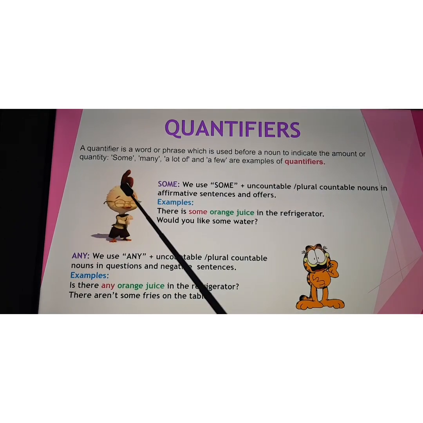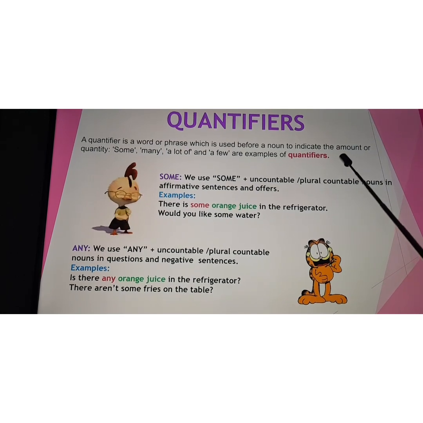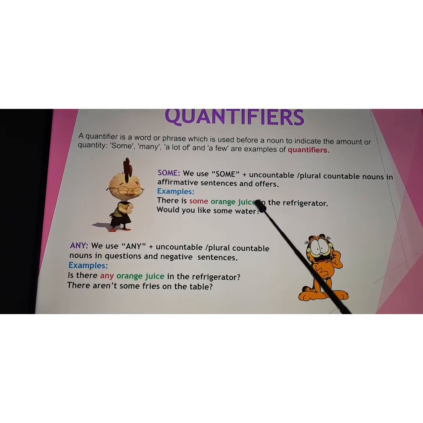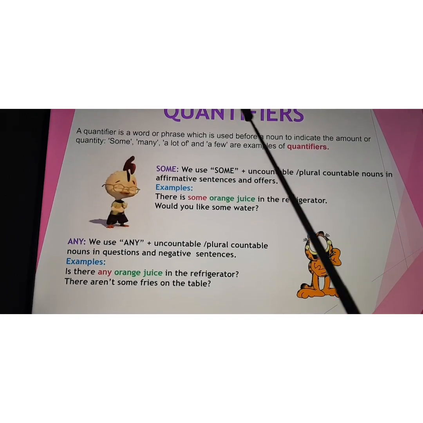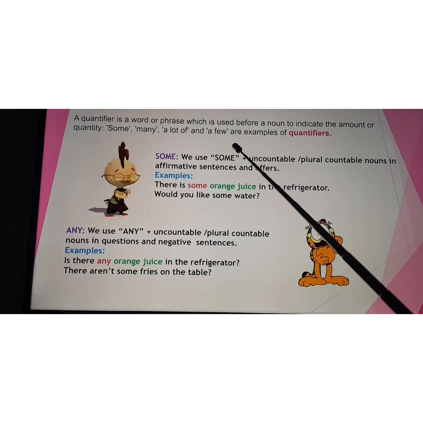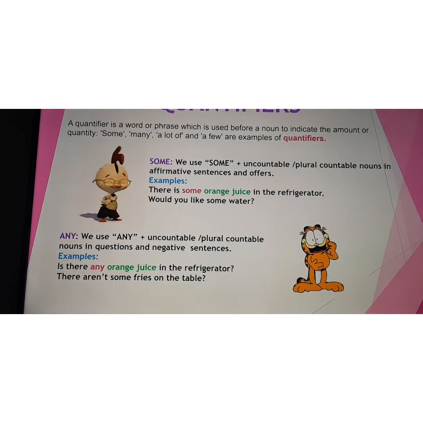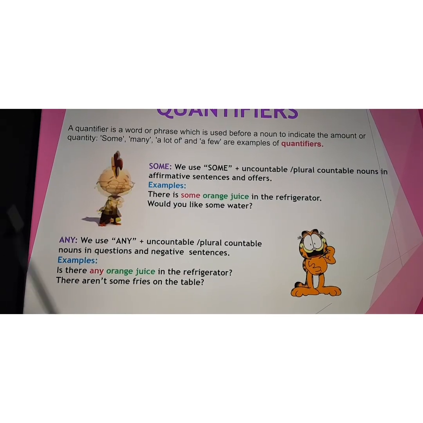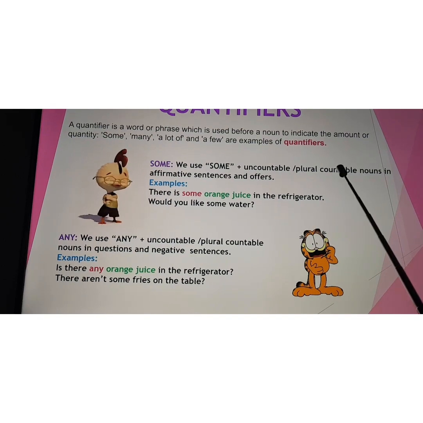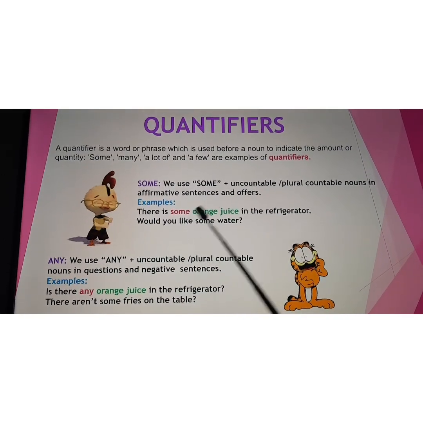Quantifiers. A quantifier is a word or phrase that we can use to indicate the amount or quantity of a noun. Some of them are many, some, a lot of, few, and there are some examples of quantifiers. For example, the first one, some: we can use some for uncountable and plural countable nouns in affirmative sentences and offers.